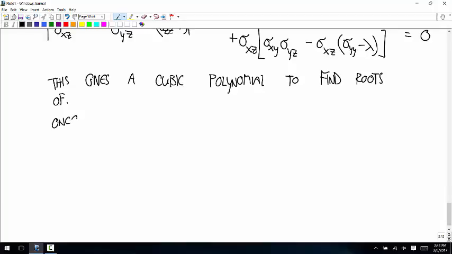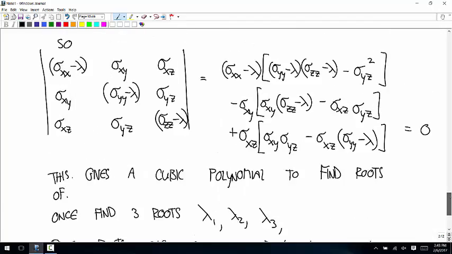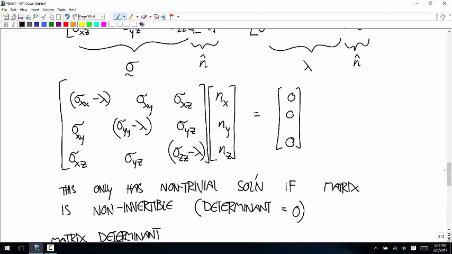So once you find these 3 roots, and I'll call them lambda 1, lambda 2, and lambda 3, you'll plug those roots one by one back into equation. Okay, so go back up here. Let's name this equation.